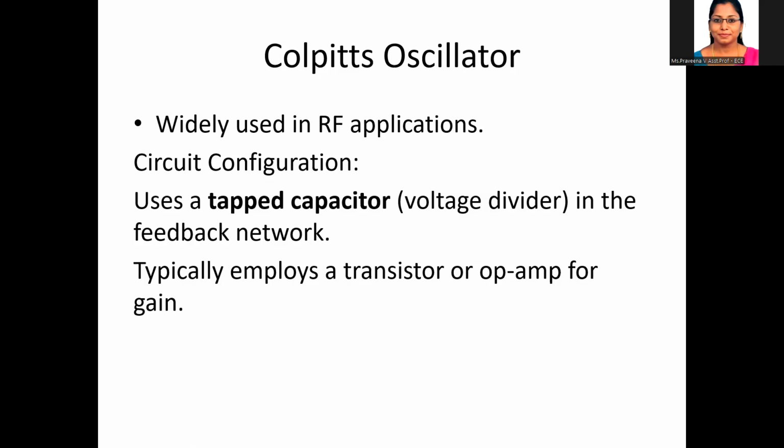There are two types of feedback: positive feedback and negative feedback. In positive feedback, the output signal is fed back in phase with the input signal. In negative feedback, it is out of phase with the input signal.